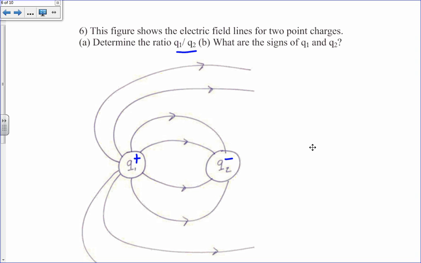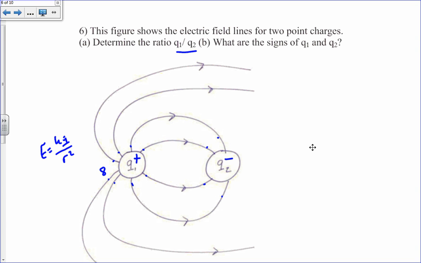Now, if I want to know the relative strengths of the charges, or the relative sizes of the charges, I count the electric field lines, because the electric field is directly proportional to the charge. Remember, E is KQ over R squared. So I have 1, 2, 3, 4, 5, 6, 7, 8 field lines over here. Just 4 field lines over here.